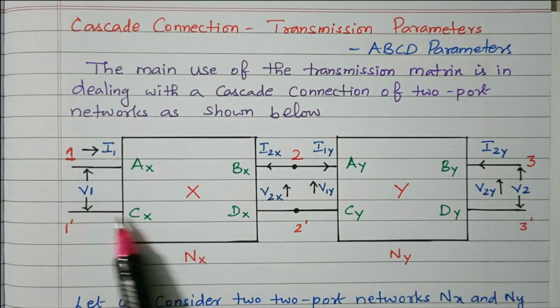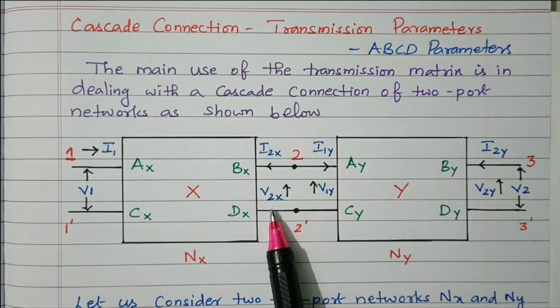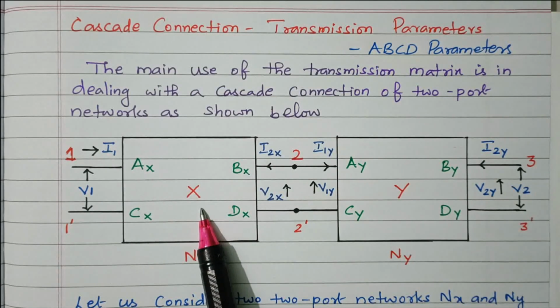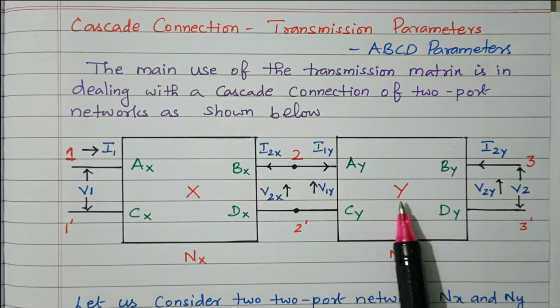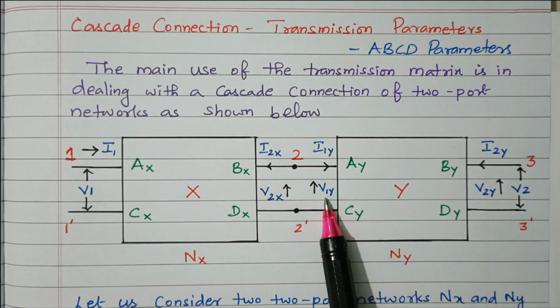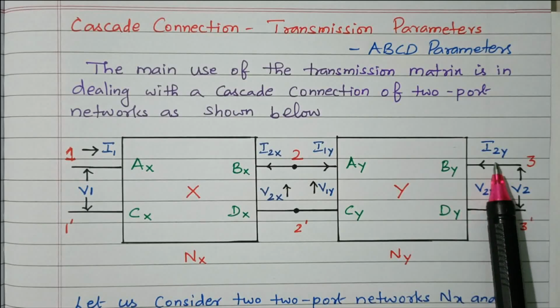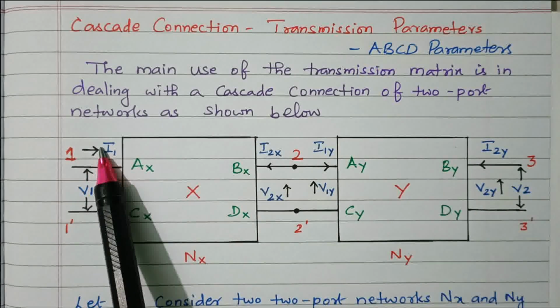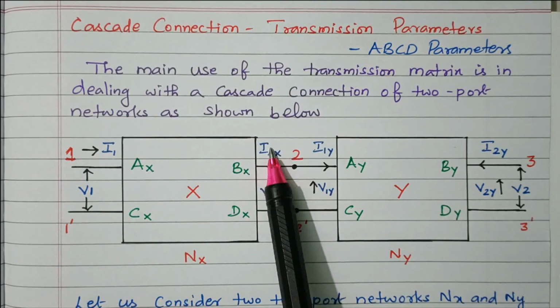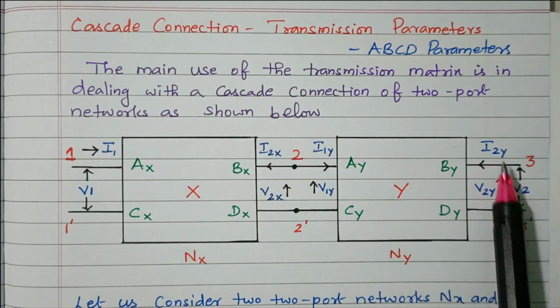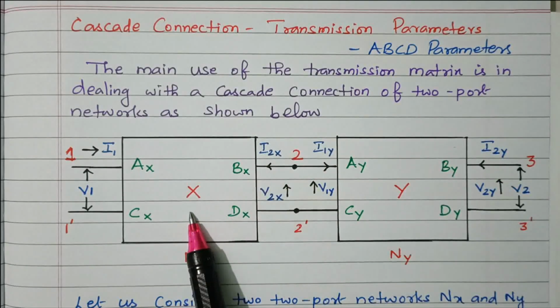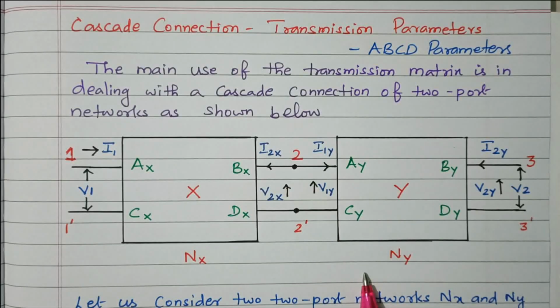Here I1 V1, here I2X V2X in order to differentiate with the Y transmission network. Similarly, in the Y network we have I1Y V1Y at the sending end, and at the receiving end I2Y V2Y. Right? So 1 refers to the input side, sending end, 2 refers to the output side, receiving end. X refers to the X network, Y refers to the Y network.